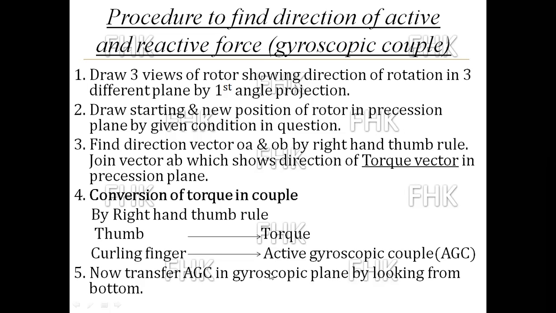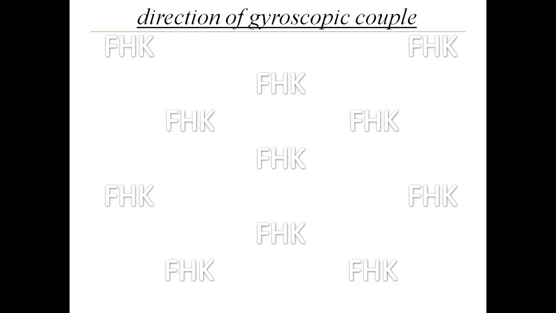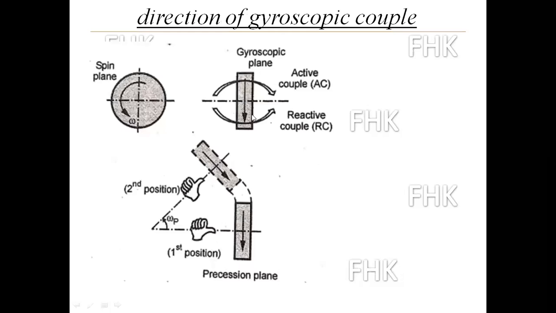Active couple and reactive couple act in the gyroscopic plane, and we have to find the direction of the reactive couple. First we find the direction of the active couple, and the reactive couple is exactly opposite of the active couple. So the next step is to transfer that active couple into the gyroscopic plane. Which is the gyroscopic plane? This is the gyroscopic plane, this is the spin plane, and this is the precession plane.